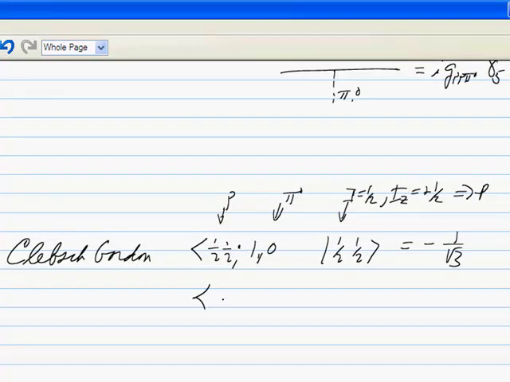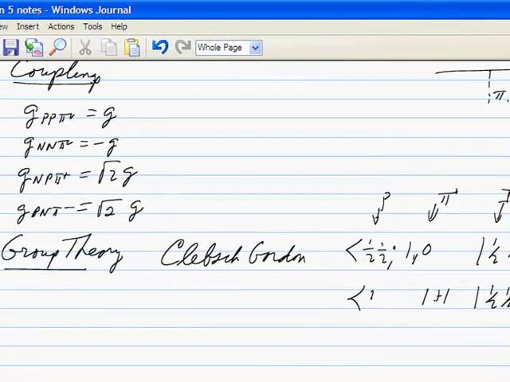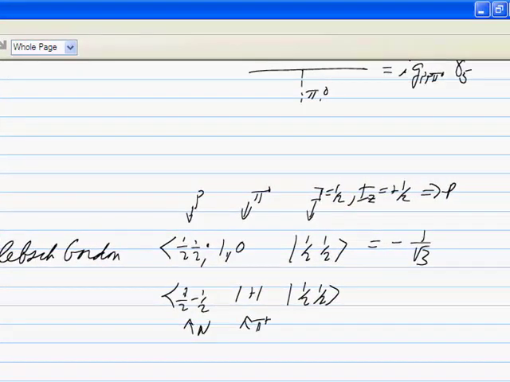If I look up the similar one from the same initial state to 1, plus 1, sorry, 1/2, minus 1/2, this is the pi plus, this is the neutron, that's minus square root of 2 over 3.